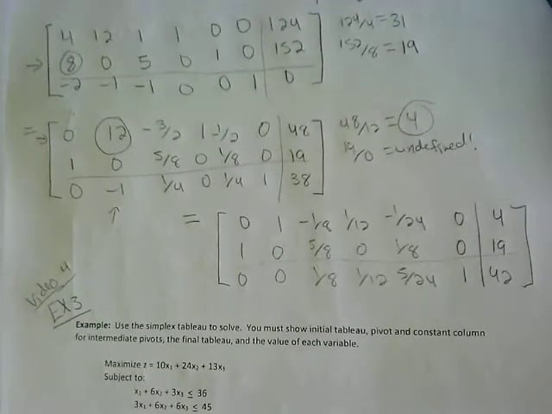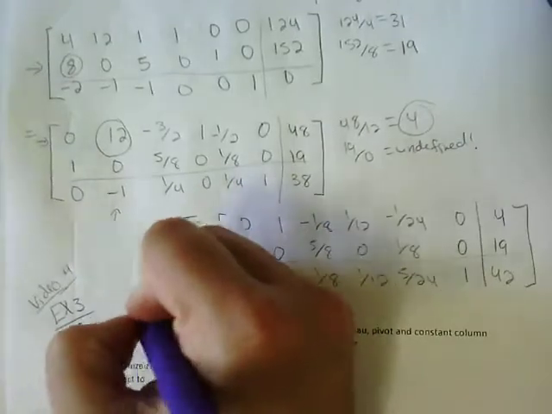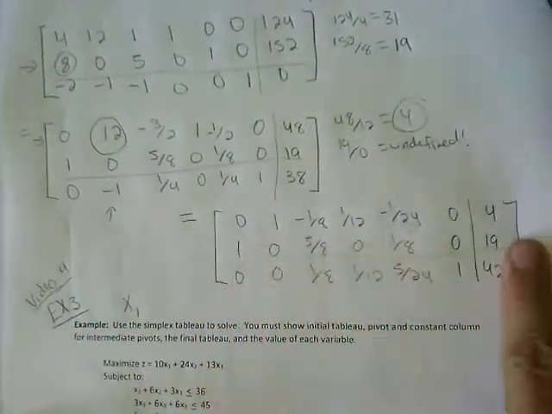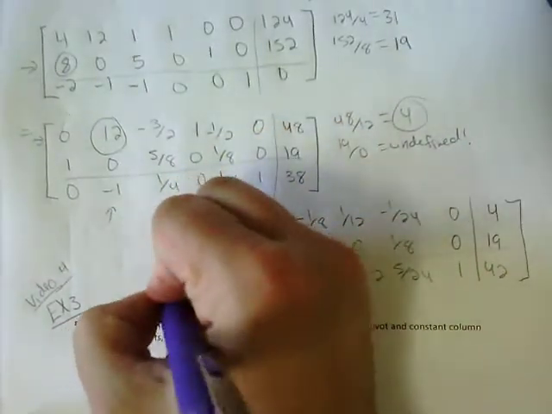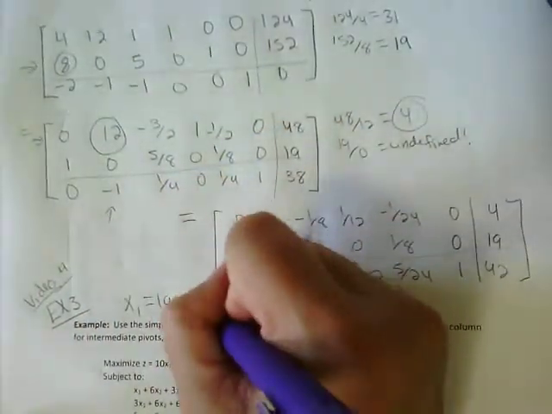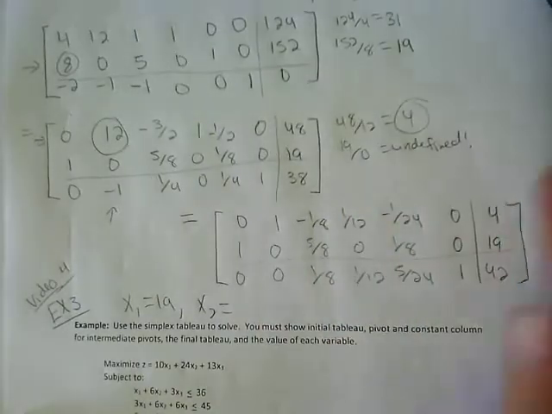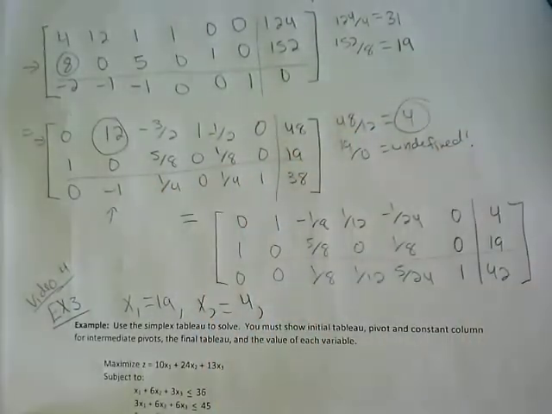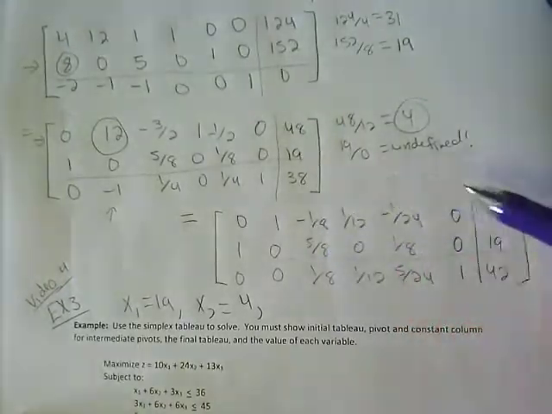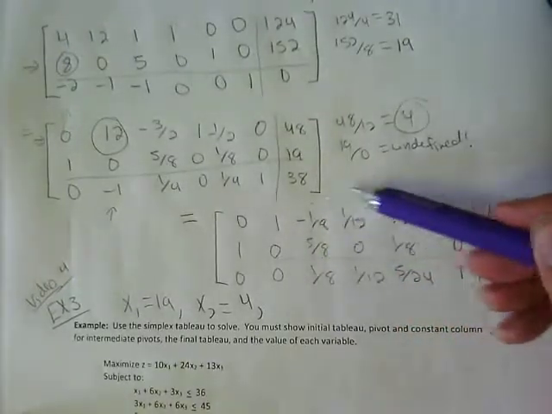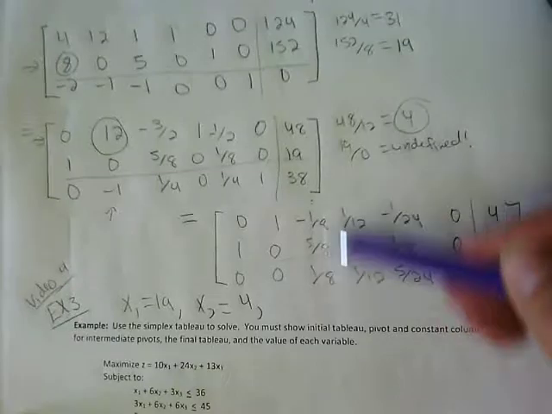Okay, so then that means that my answer here is x1 equals 19, x2 equals 4. My slack variables are going to be 0. Oh, sorry, this is x3, isn't it?